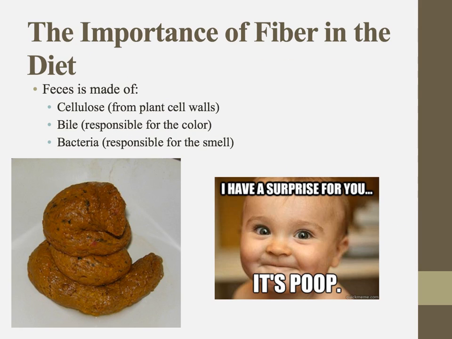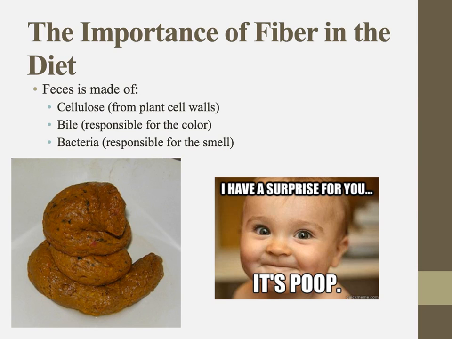Okay, so let's think about what's going to happen if your intestines are so super awesome at absorbing all of those nutrients. By the time your food makes it through the small intestine, all of those useful things have already been absorbed by the villi. So what's going to be left? Well, it's going to be your feces.